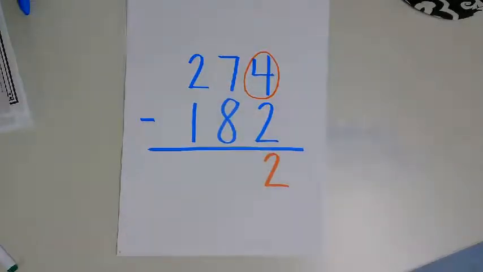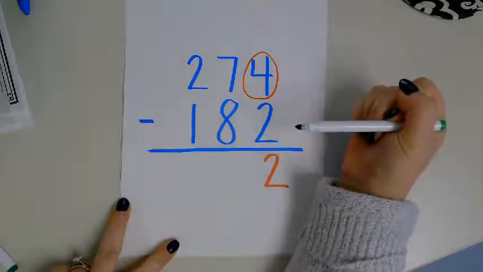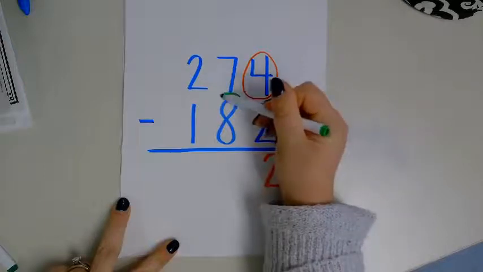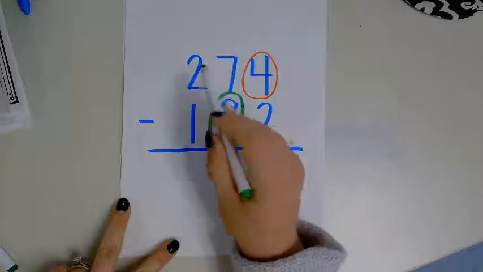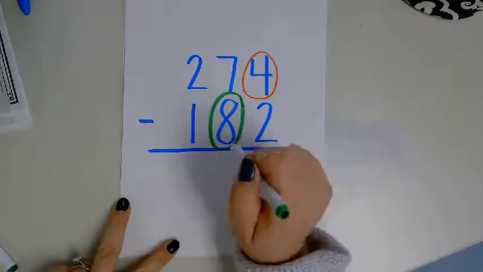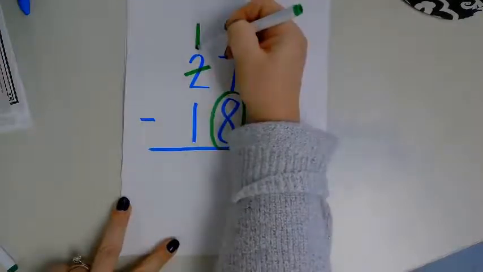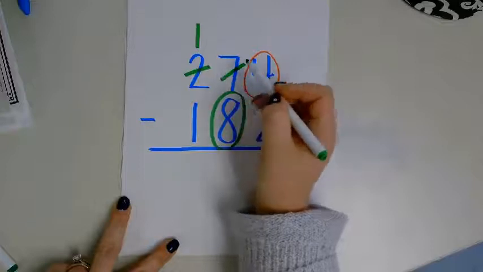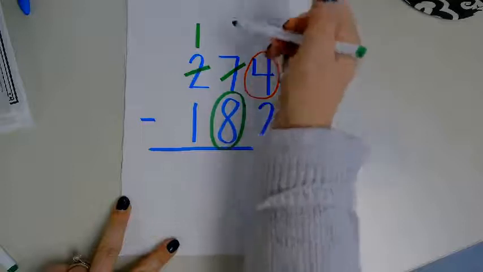Move to the tens place. 7 minus 8. Circle the bigger digit. Good. Hopefully you circled the 8. If there's more on the floor, we go next door and get 10 more. So this 2 becomes 1. This 7 gets 10 more added to it because we're bringing the 10 over, and it would be 17.